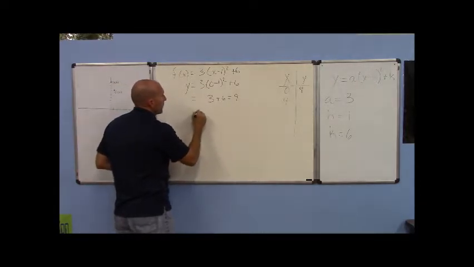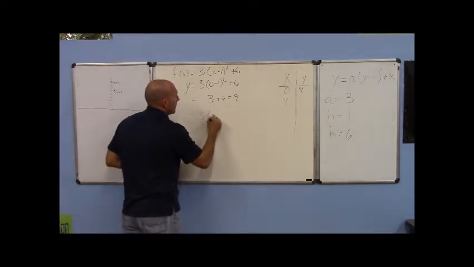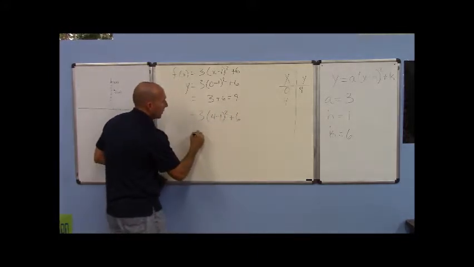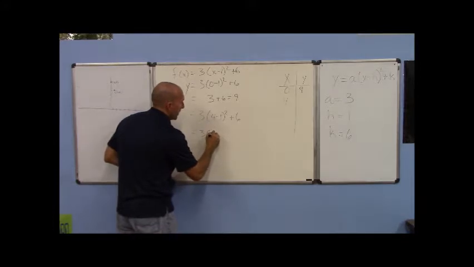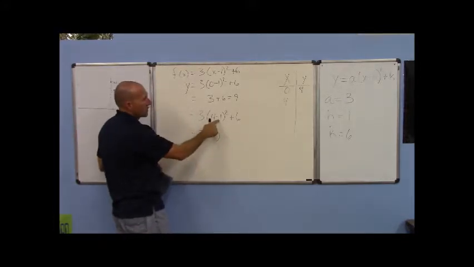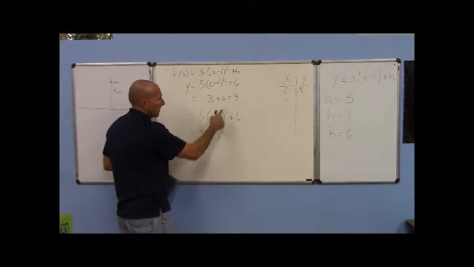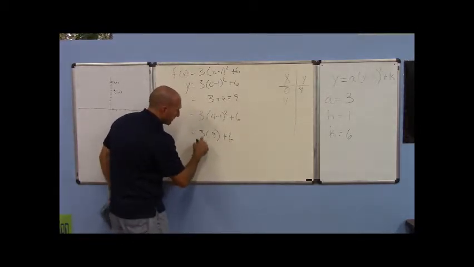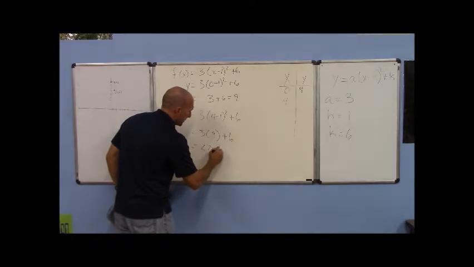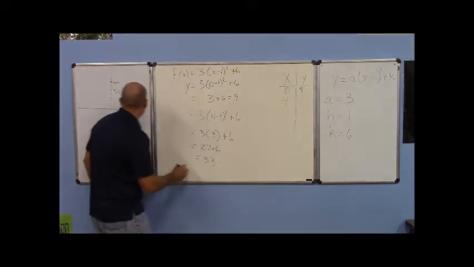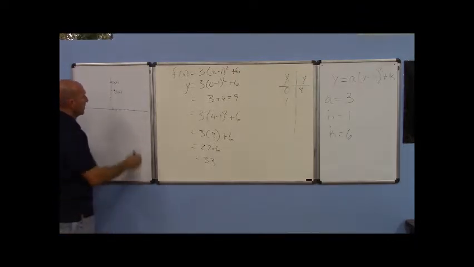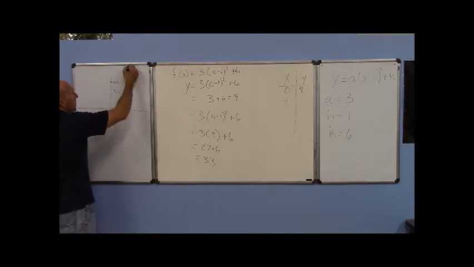So we have 3 times (4 minus 1) squared plus 6, which equals 3 times 9. 4 minus 1 is 3, squared is 9, times 3 is 27, plus 6, which equals 33. So whenever we move over 4, 1, 2, 3, 4, then we will go up to 33. So 9 goes all the way up to here.